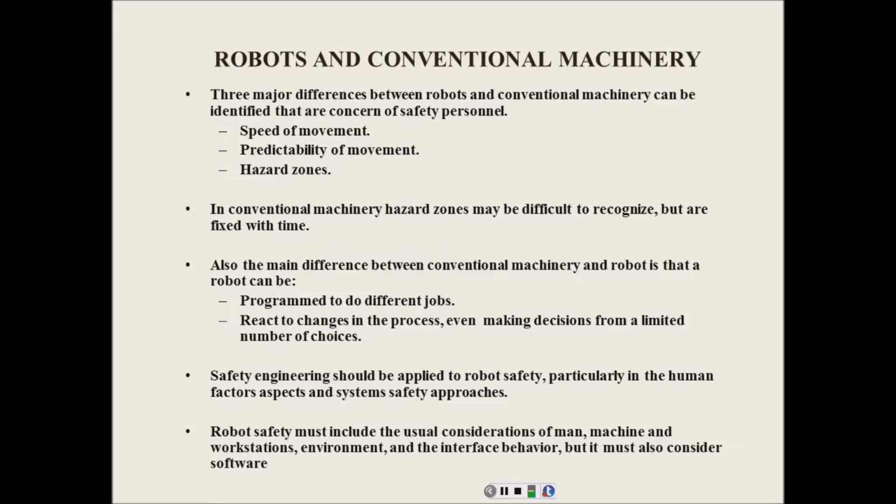Three differences between robotics and conventional machinery can be identified: speed of movement, predictability of movement, hazard of movements. A lot of people think they realize what the robot will do, and they weren't involved with the program. Most of the people that program the robot know all the moves that the robot might make.